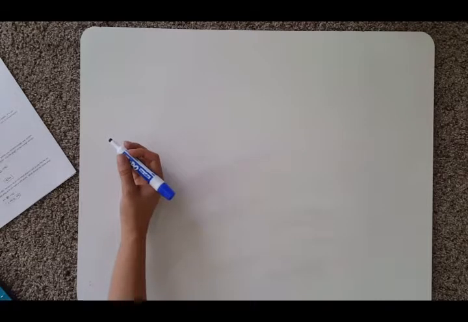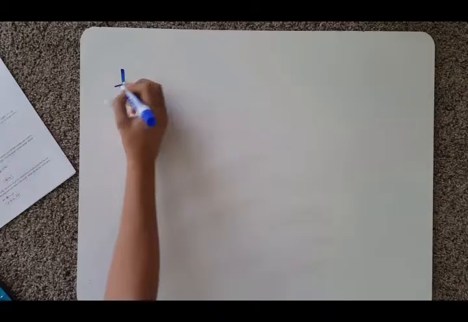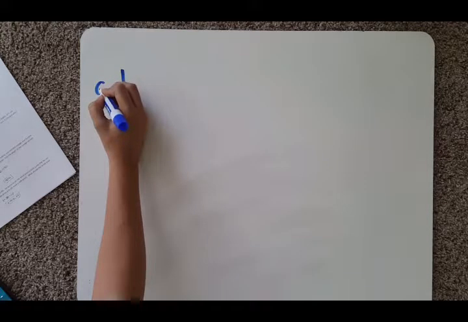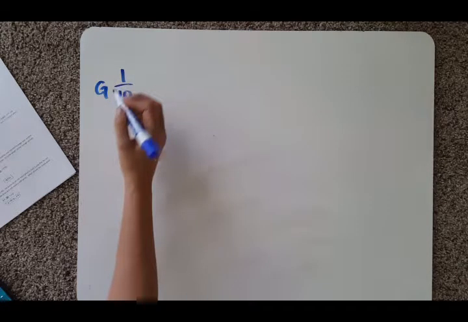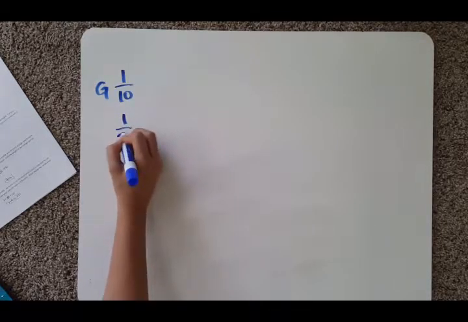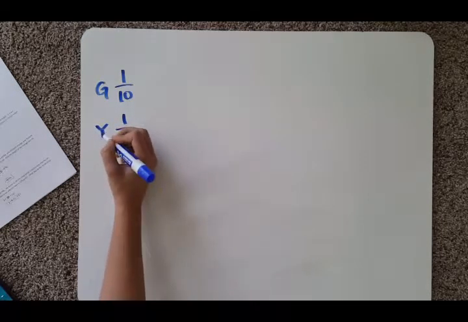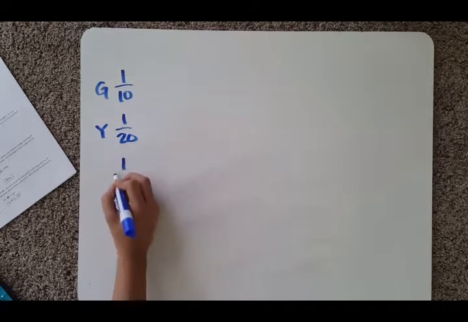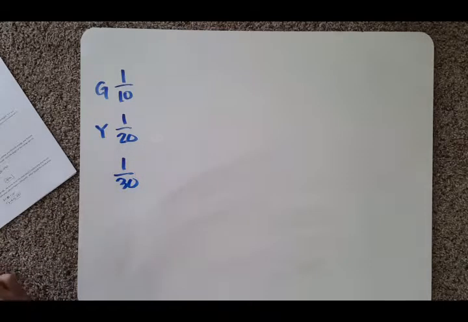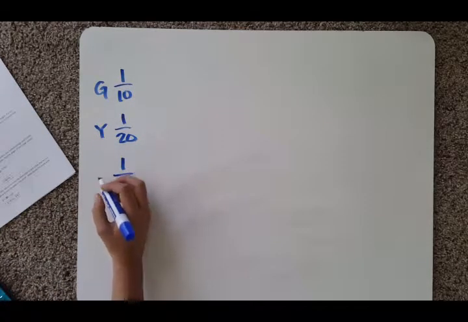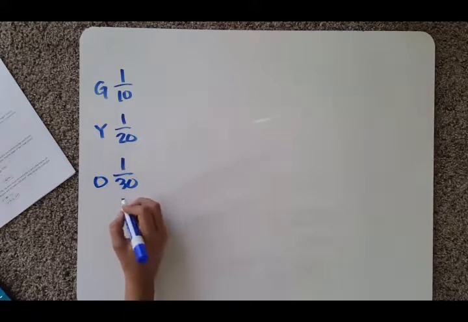All right, so let's work through problem number 3. All right, so it tells us that 1/10 of a string is colored green. 1/20 is yellow. 1/30 is orange, and 1/40 is red.